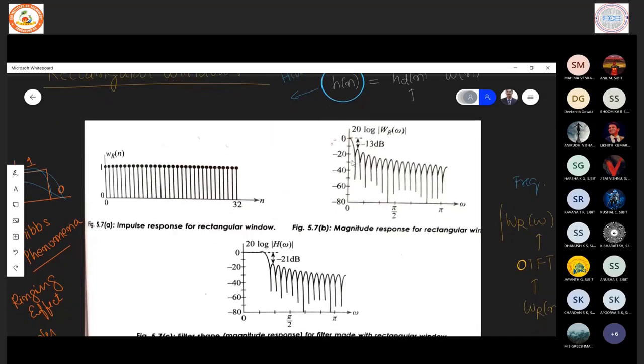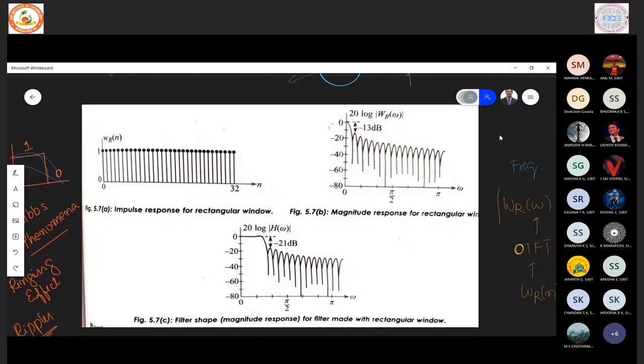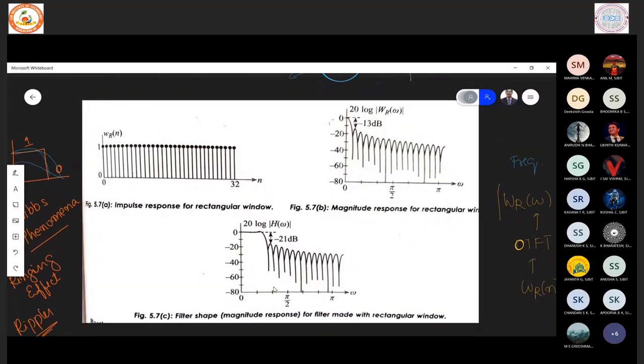So the magnitude response, the right half we have seen, looks something like this. The difference between the main lobe and the first side lobe is minus 13 dB. Now, if you design an ideal low pass filter using this type of rectangular window, what will happen? The filter with the rectangular window will exhibit a frequency response like this.